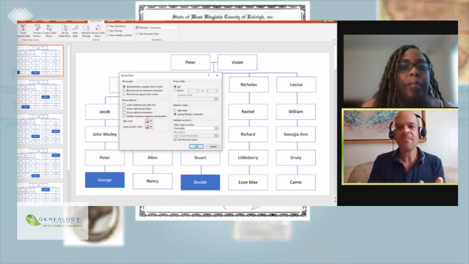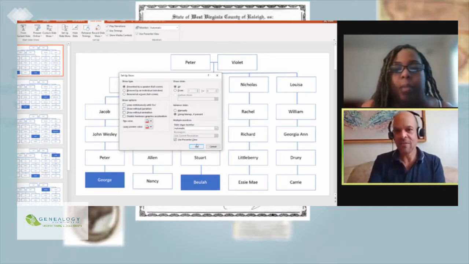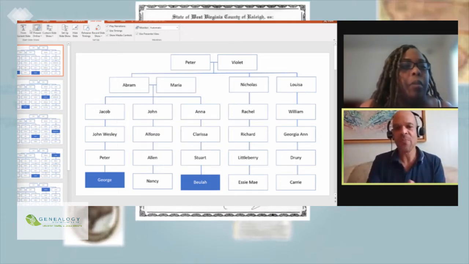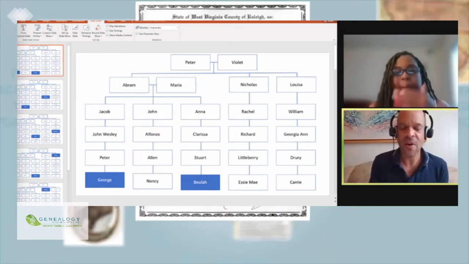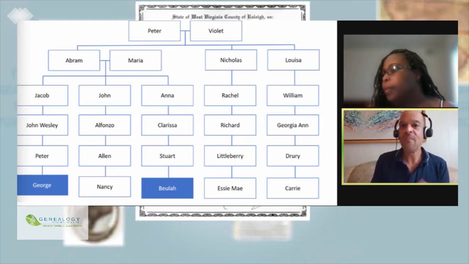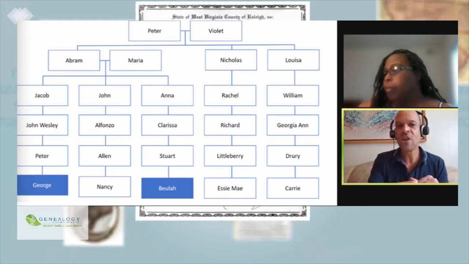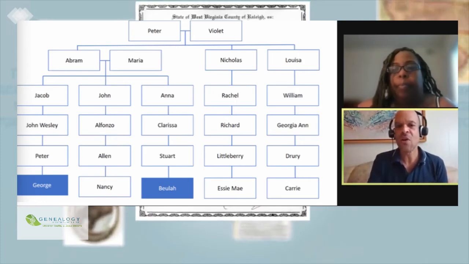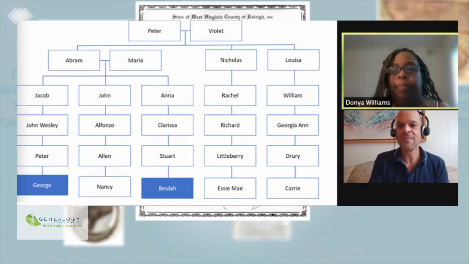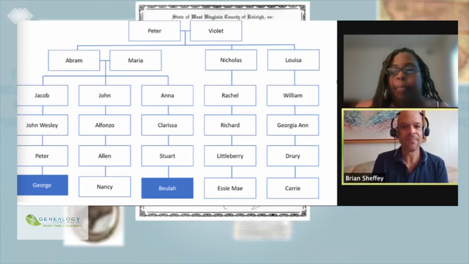You're going to see a couple of these. It's all the same group of people, so it's not going to be a different family group every time you look at them. So we have Peter and Violet and their descendants. Abram is one of their children, married to a woman called Maria. Then we have Nicholas and Louisa, all the way over on the right-hand side.